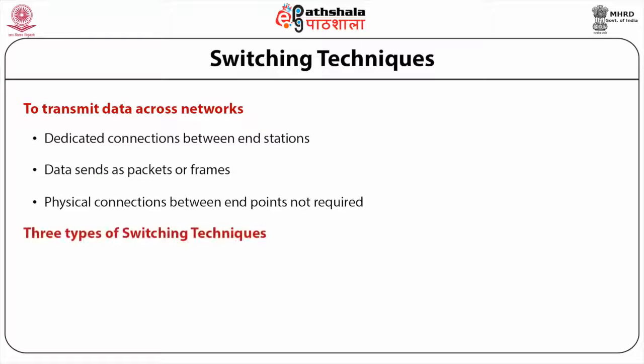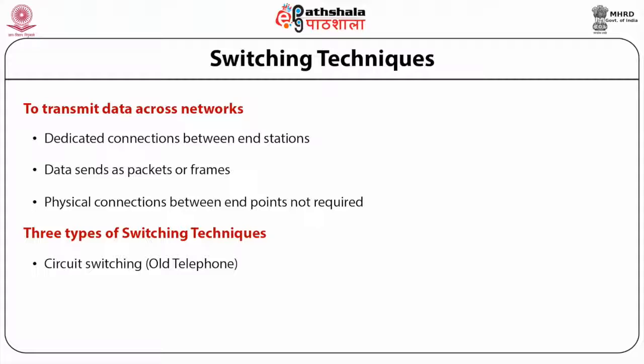There are three types of switching techniques. The first one, which is the oldest, is circuit switching, which is used in our telephone. You can recall that to talk with another person in a wired telephone network, we need to establish a circuit between the two users till the telephone is used.